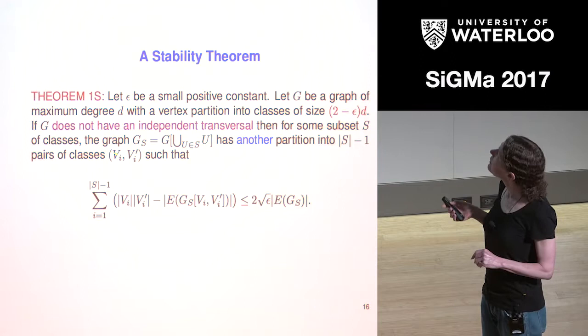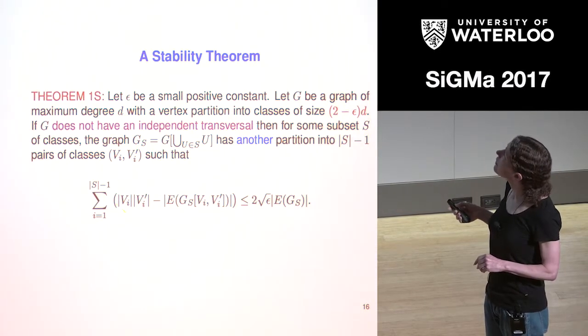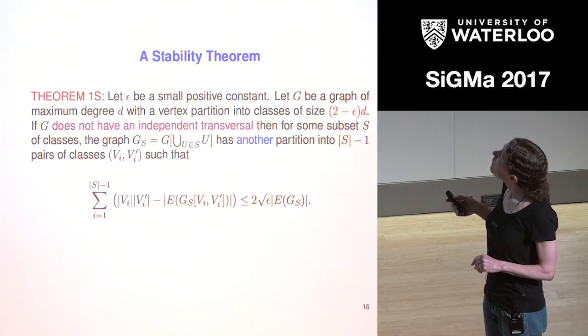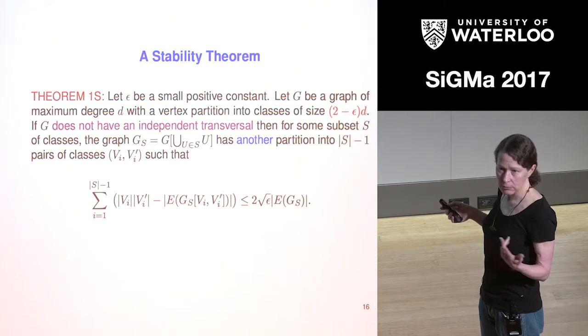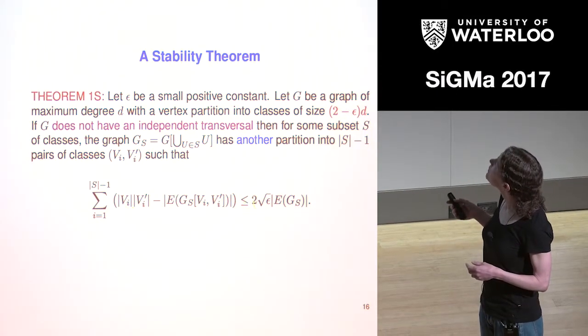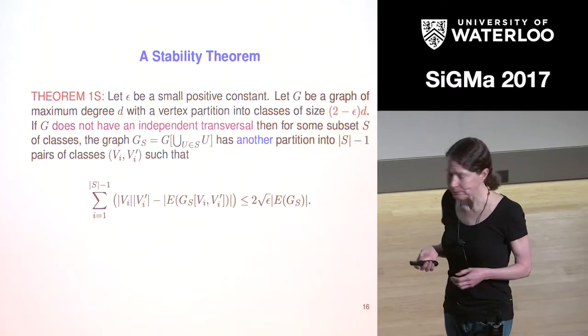This says that you have another partition into s minus 1 pairs of classes, and between those pairs of classes you see lots and lots of edges. The number of edges in G between these two classes differs from the maximum bipartite size by at most some function of epsilon times the number of edges in the graph.